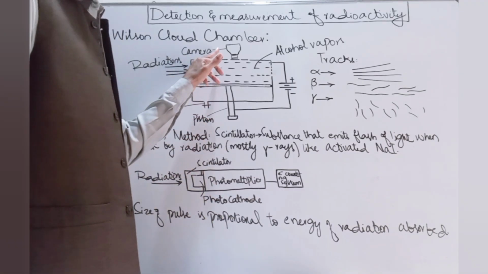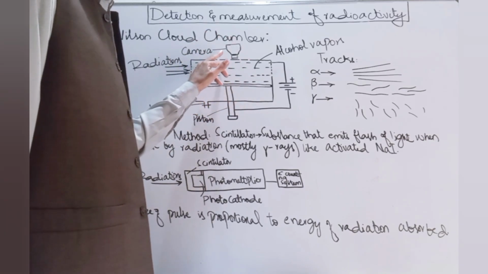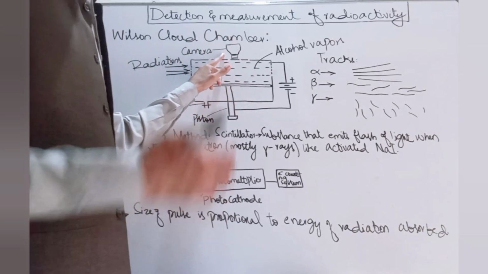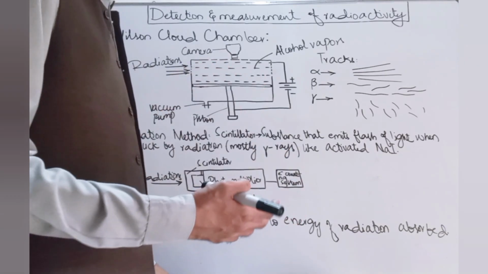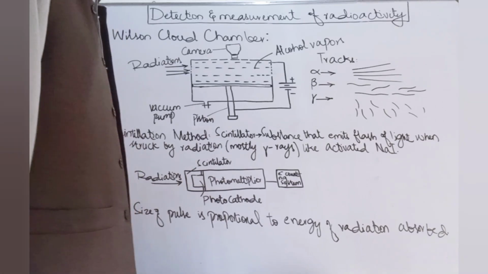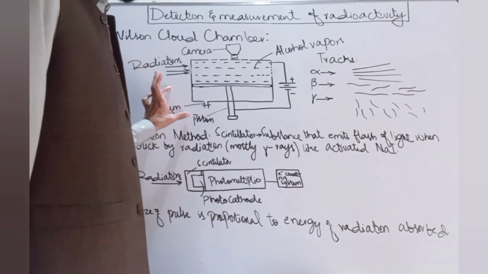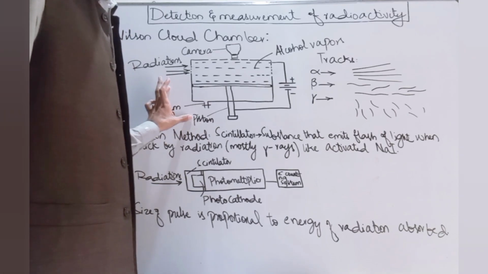These tracks can be viewed by illuminating the inside of the chamber, and this is a camera which can take photographs of the cloudy tracks for future use and for further analysis of the radiations. So this is all about the working of the Wilson cloud chamber.